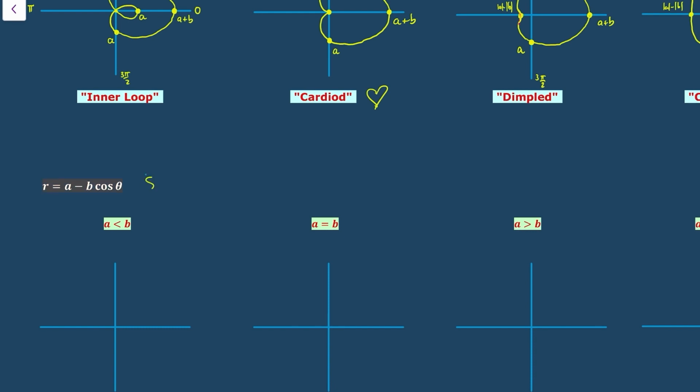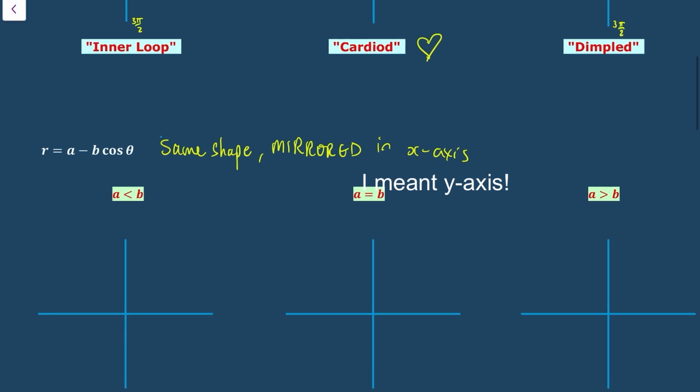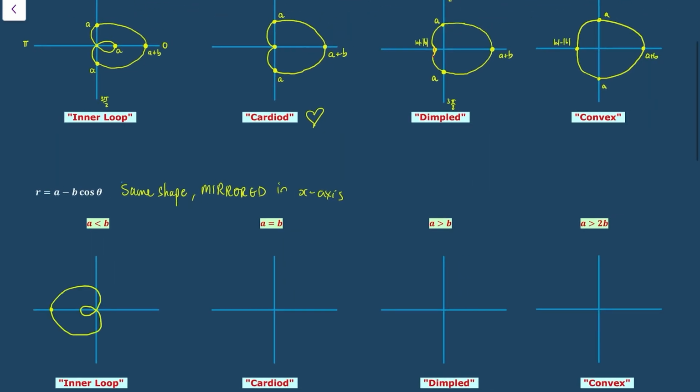Same shape, but mirrored in the x-axis, which means I'm going to end up getting, starting there, and get my inner loop this way around.